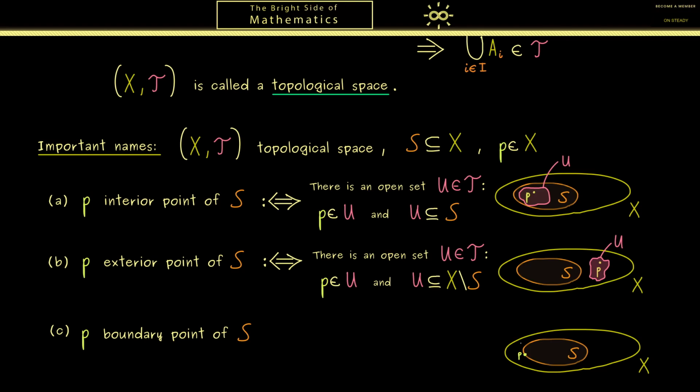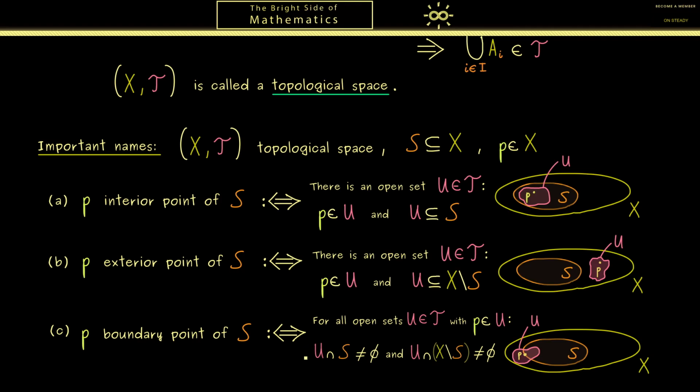However, of course, we can also immediately describe this with open sets U. It simply means that no matter which open set U we choose, we always have an overlap with S and the complement of S. Hence, we can write for all open sets U with the property that P is an element of U, we have U intersected with S is non-empty and U intersected with X without S is also non-empty. Then, such a point P with this property we call a boundary point of S.